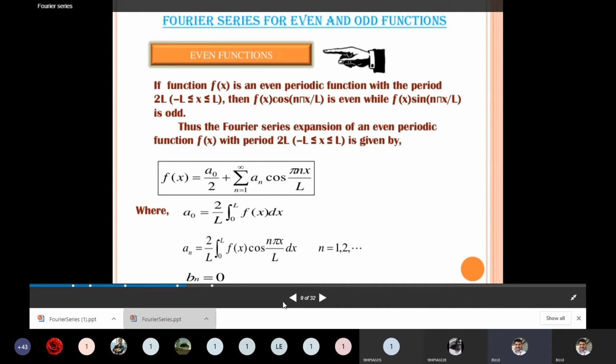What is that meaning? Already the cos term is the even term, the sin term is the odd term.